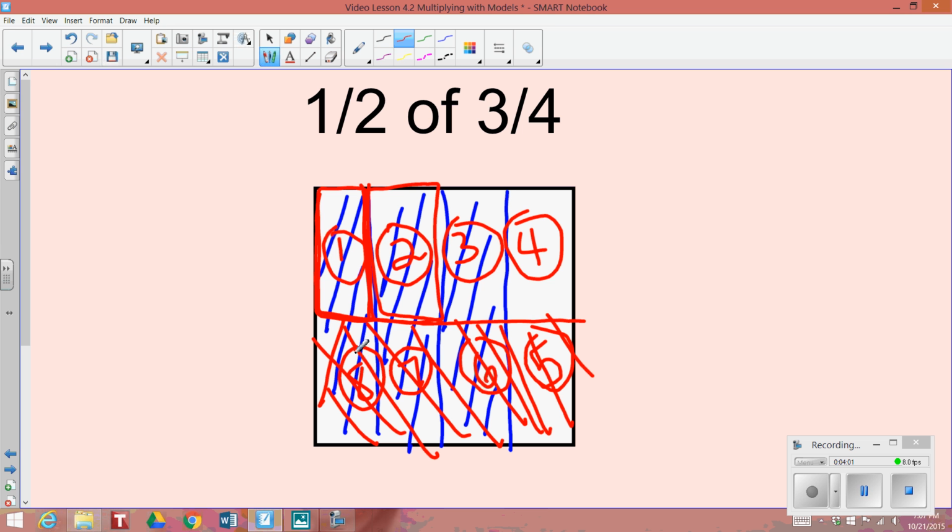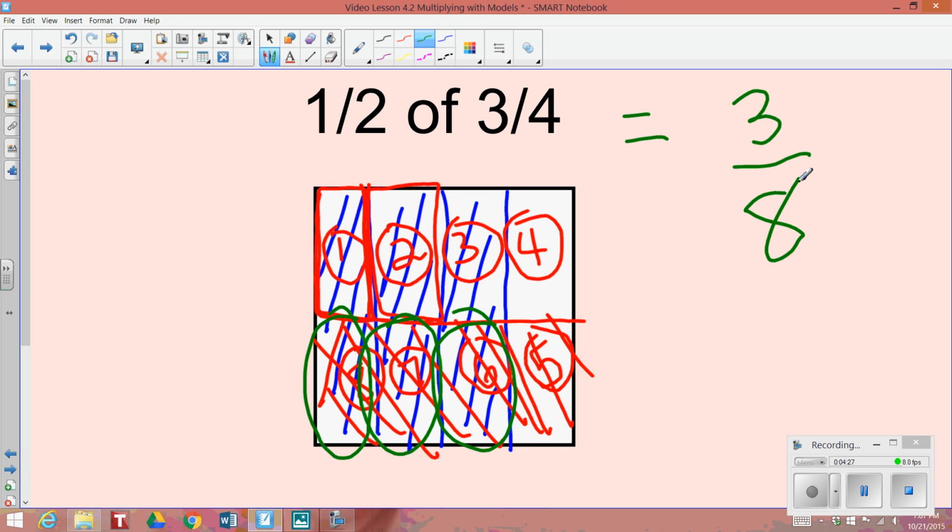When I take fourths and cut them in halves, I've got eighths. How many of those eighths are both shaded in red and blue? And we can look here and we can see that we have 1, 2, 3. When I take 1/2 of the 3/4, I'm actually left with 3/8.